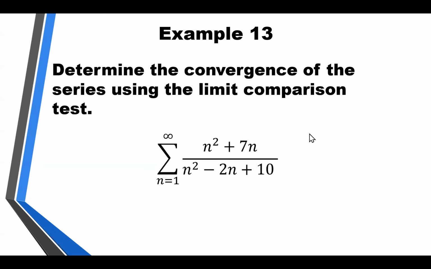I'll do one more example of the limit comparison test. Let's take an infinite series where we're summing up in the numerator n squared plus 7n, and with denominator n squared minus 2n plus 10, summing that up from n equals 1 to infinity.